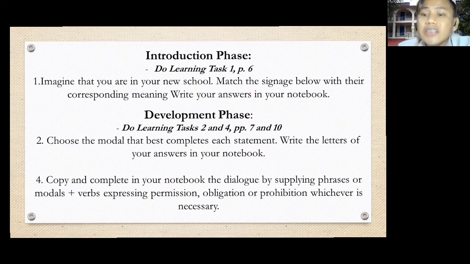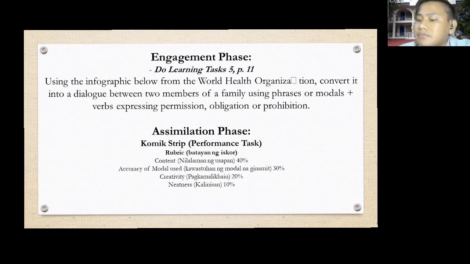On learning task number 4, you're going to copy and complete in your notebook the dialogue by supplying phrases or modals plus verbs expressing permission, obligation, or prohibition, whichever is necessary. You're just going to choose among the dialogues therein.